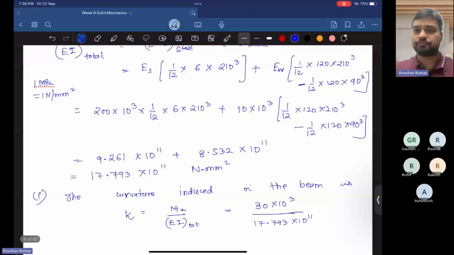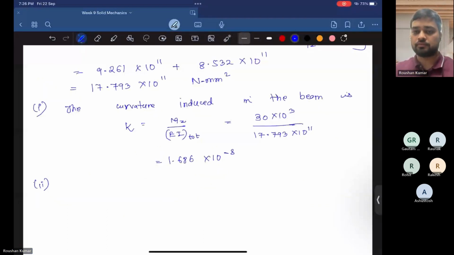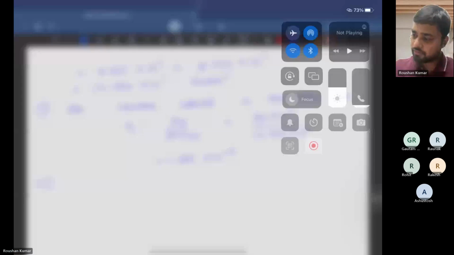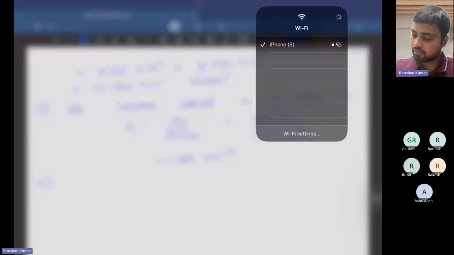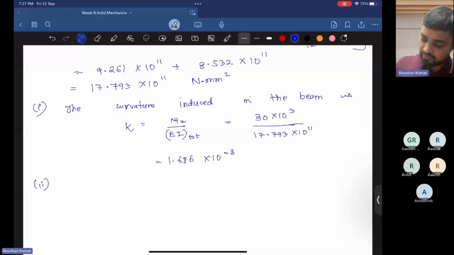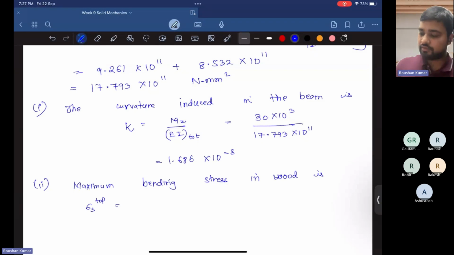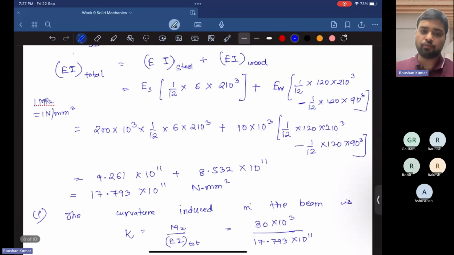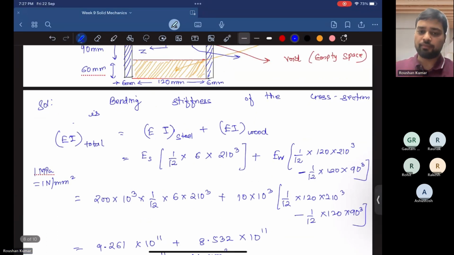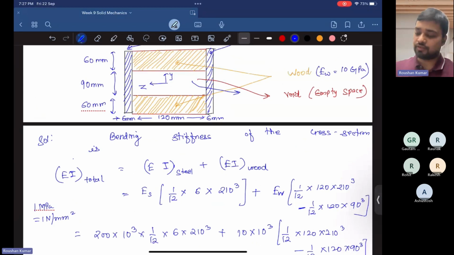The maximum bending stress in wood is given by sigma, because we know that the maximum bending stress occurs at the two extreme points, that is at the top or at the bottom, but in opposite direction, and it is zero at the neutral axis.